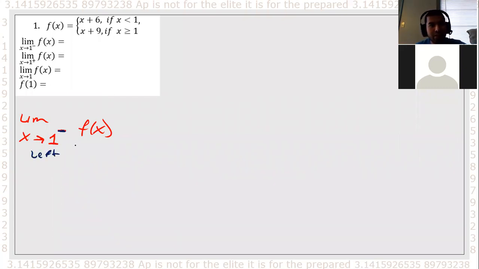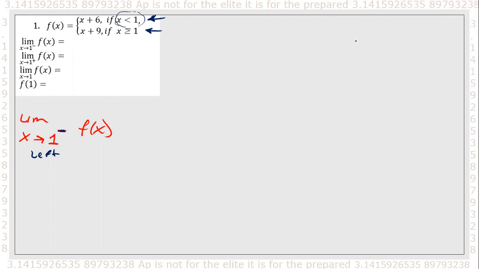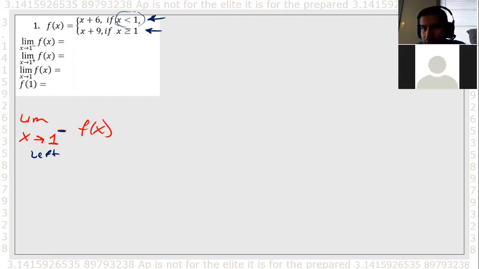So which one of these piecewise functions, this one right here or this one right here, is talking about the left? Well, let's make sense out of this. This one is saying x is less than 1. Is that to the left or is that to the right?